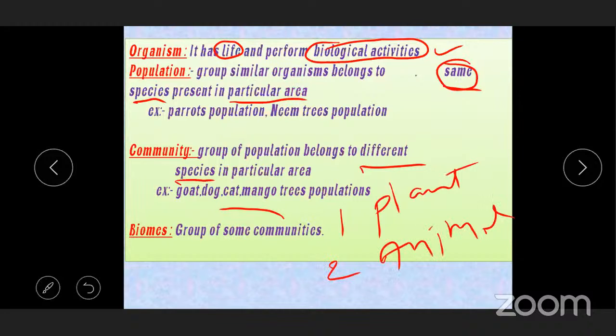Plant ecology deals with plants. Animal ecology deals with animals, their distribution, their habitat and different types of animals. Plant ecology covers plant distribution, plant habitat, and types of plants.